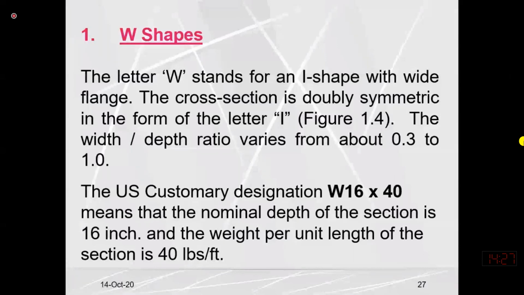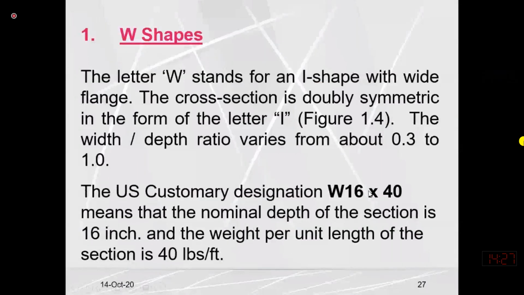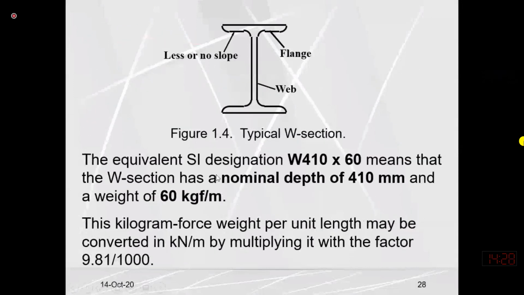Because at the end we have to make a bill of quantity, so we can roughly estimate the cost of the structure. Along with US customary, we can also give the name of an I section in terms of SI units. The equivalent SI designation for this section, W16 into 40, is given over here: W410 into 60.